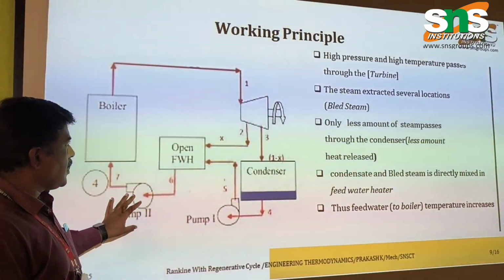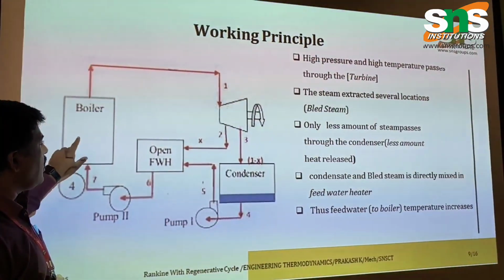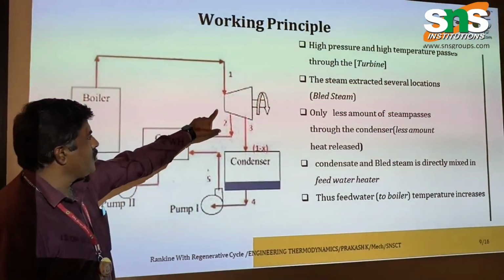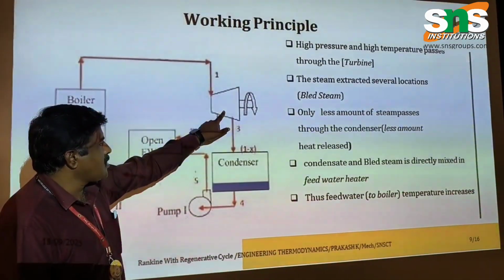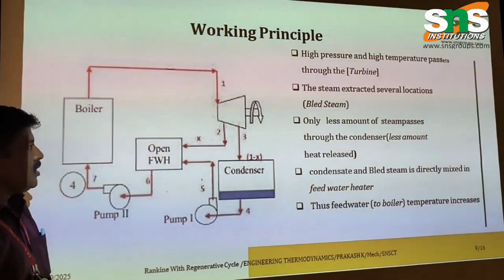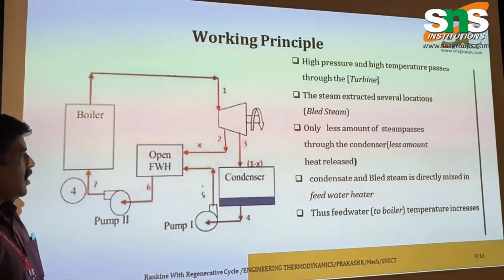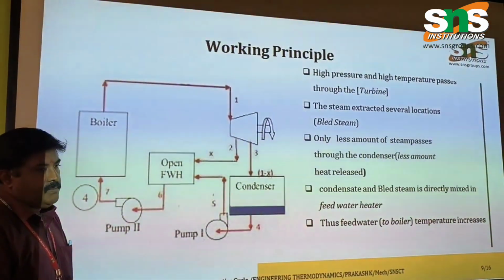So how this working takes place is, the high pressure and high temperature steam passes through this turbine. The expansion takes place and then steam is extracted from the turbine. The steam which is extracted is called the bleed steam.